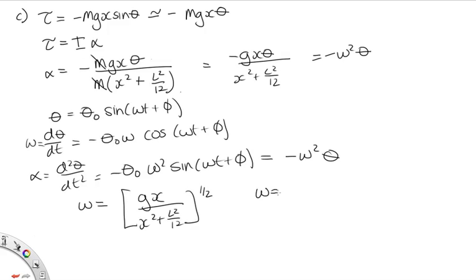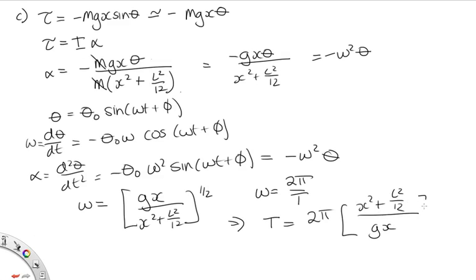And omega is defined as 2 pi on T. So rearranging this, we end up with T is equal to 2 pi times ((x squared plus L squared over 12) all over gx) to the 1/2. And that's our expression for the period in terms of x and L.